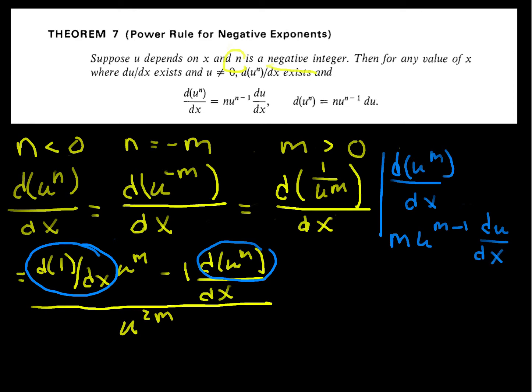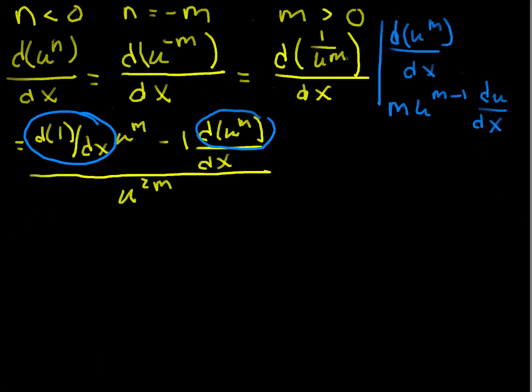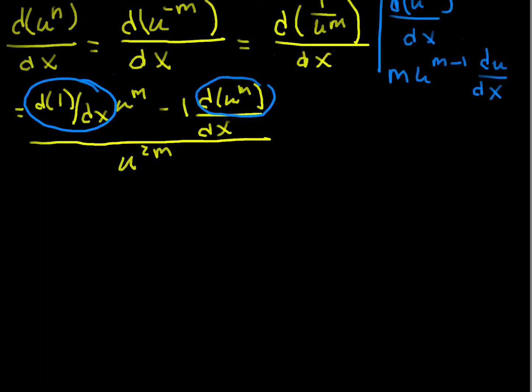So using those two facts, this whole expression simplifies to simply minus m u to the m minus 1 all over u to the 2m, du dx.